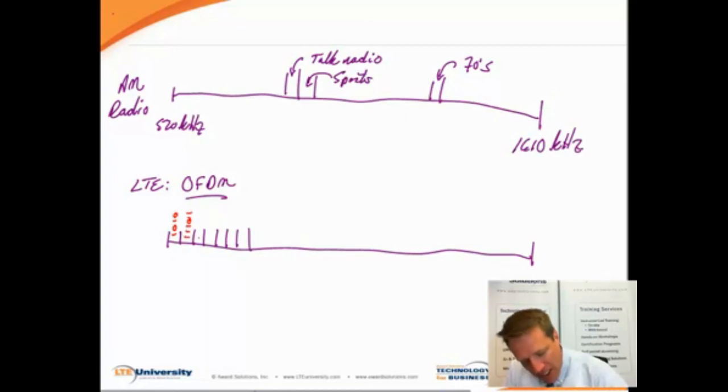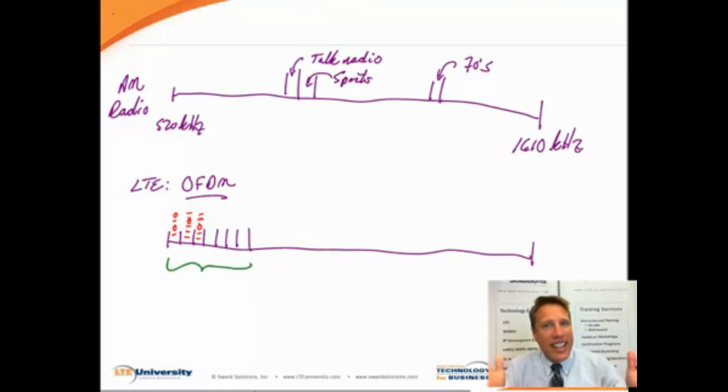We send them over each channel, just like we're sending a radio station in the radio analogy. So when a user needs data, we are going to assign a user a set of channels that will carry that user's bits. Okay? So 12 subcarriers. We're going to combine these together.